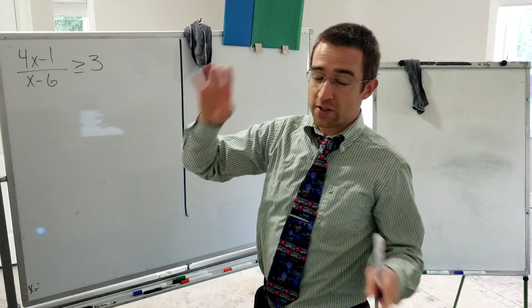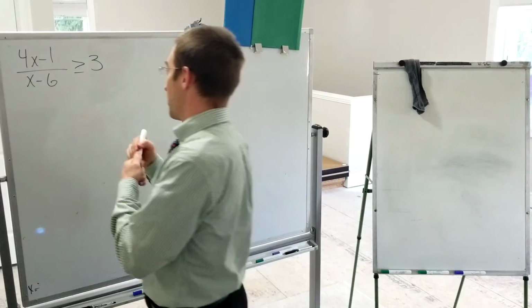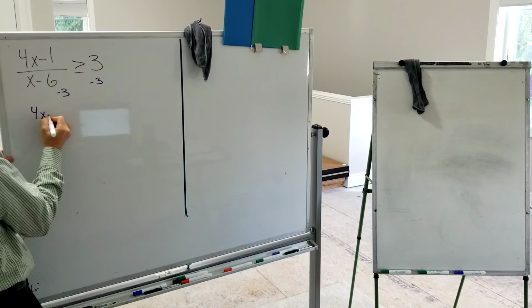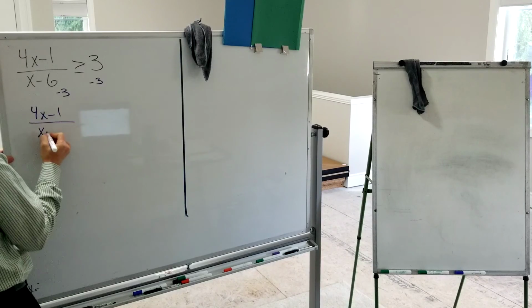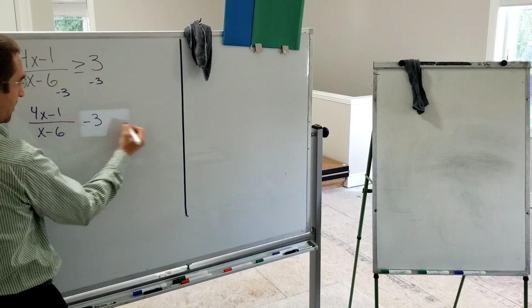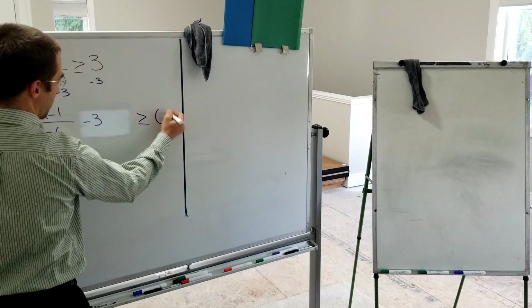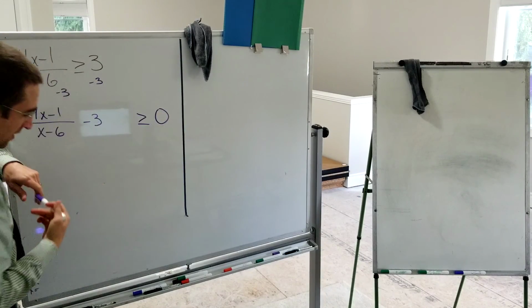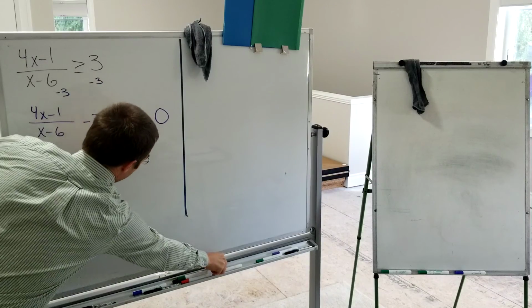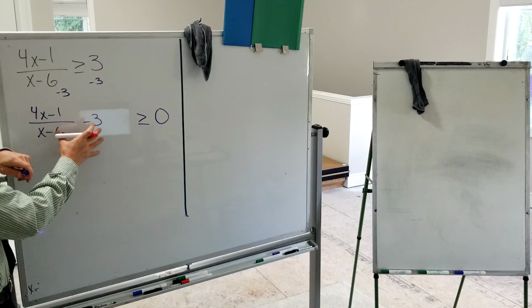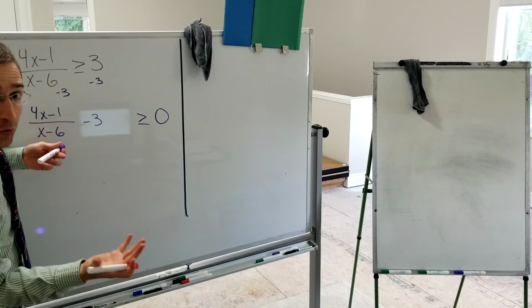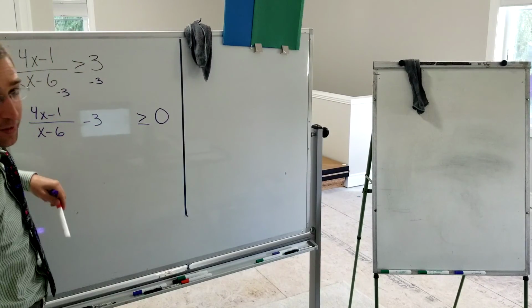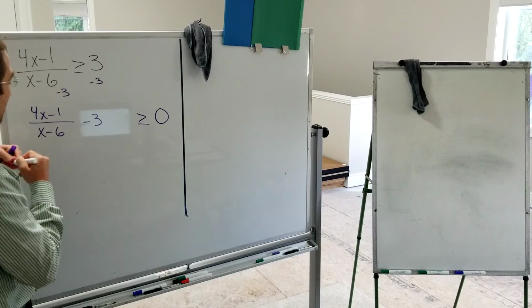First step here, just like before, we want to make it equal 0, so I'm going to go minus 3, so I get 4x minus 1 over x minus 6 minus 3 is greater than or equal to 0. Now this is like, no thanks. What we're going to do, we want to make it so that we have one rational expression. So we need a common denominator.